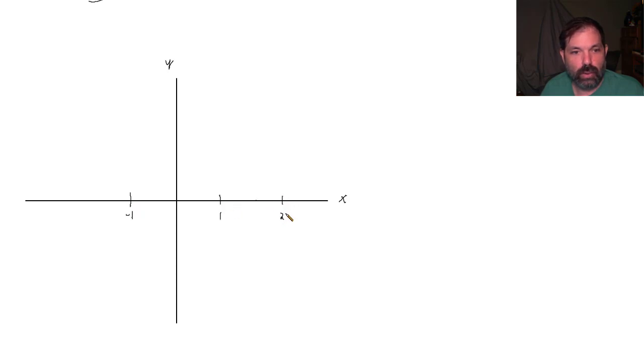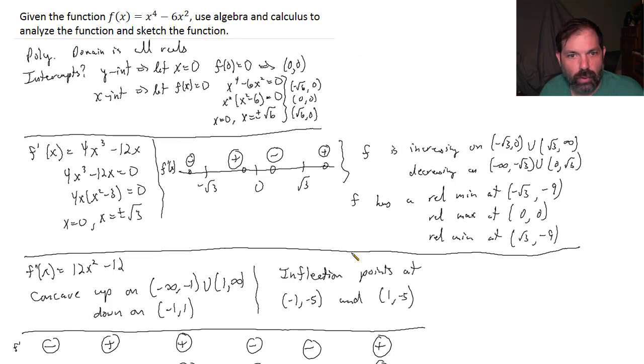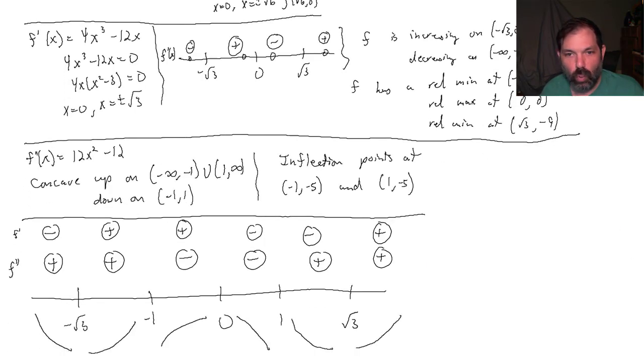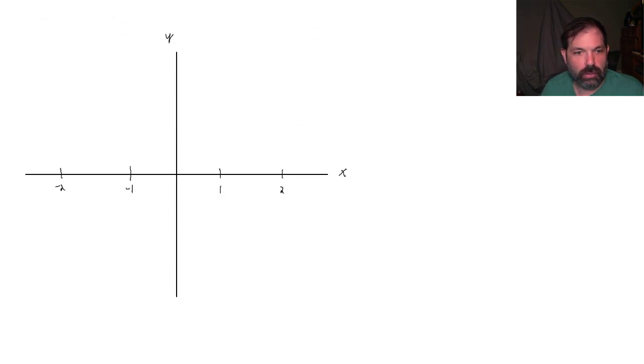There's 2. There's negative 2. For the y values, what was important? Negative 9 was an important y value. Negative 5 was an important y value. So let's bring those in. Alright, so let's say here's negative 5 and here's negative 10.